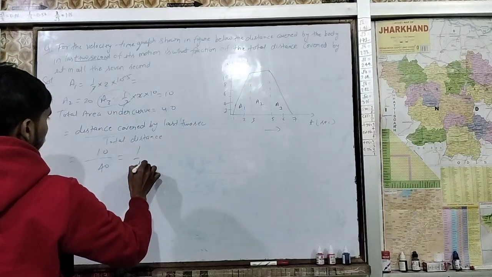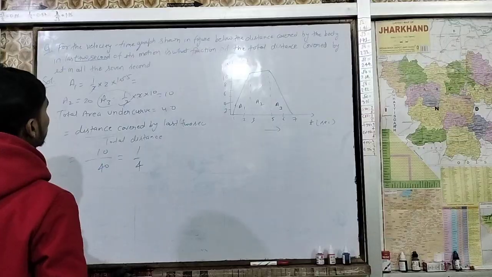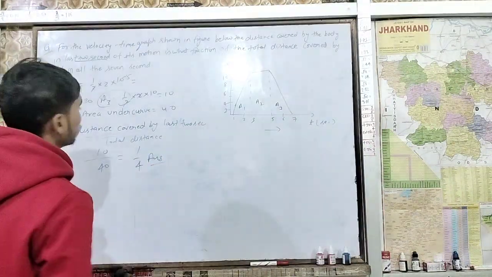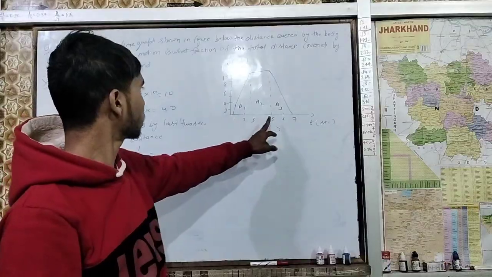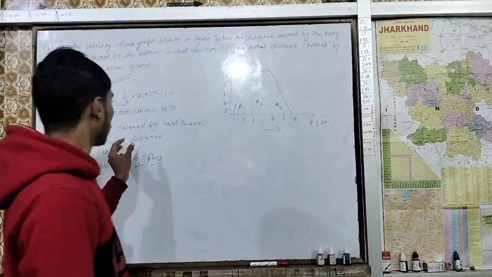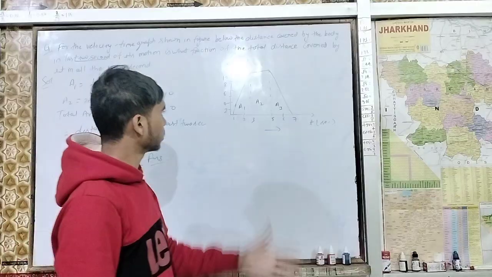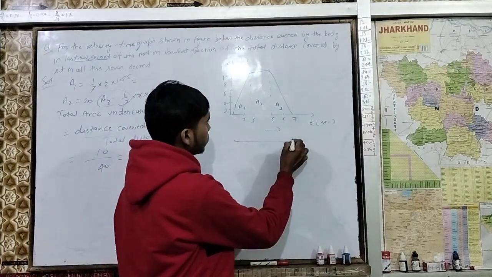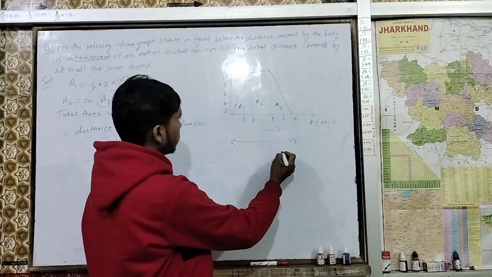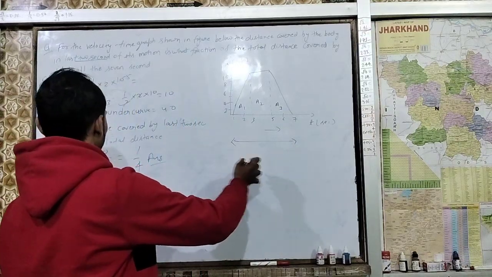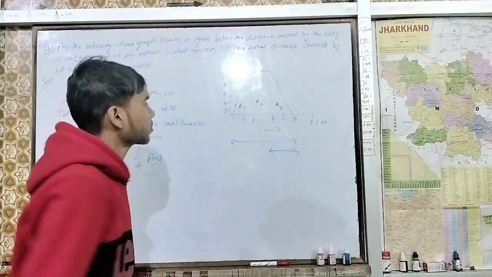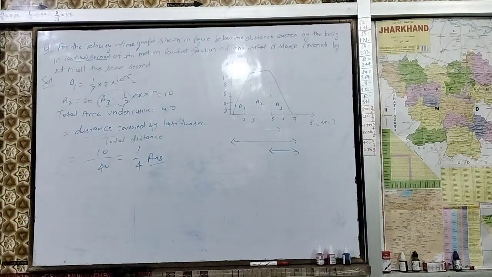So 1 by 4 is our answer. Distance covered in this is 10 meter, and total distance, we just subtracted from this total, not subtracted, and this part we took.